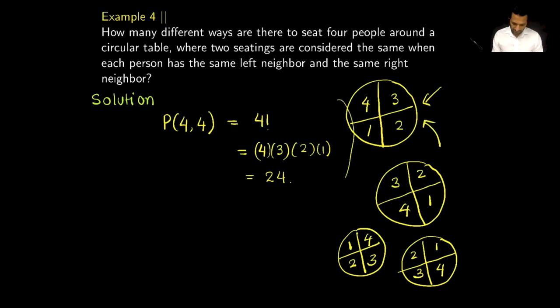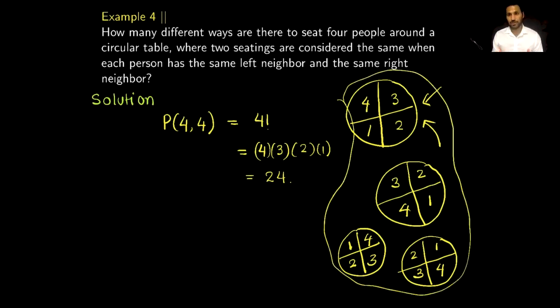So this sort of problem can be divided into groups where each group consists of 4 same arrangements. What I mean is, if I pick another arrangement which does not belong to this group, for example I put 1 here and 3 here, 4 here and 2 here, this is a different arrangement which does not belong to this group.